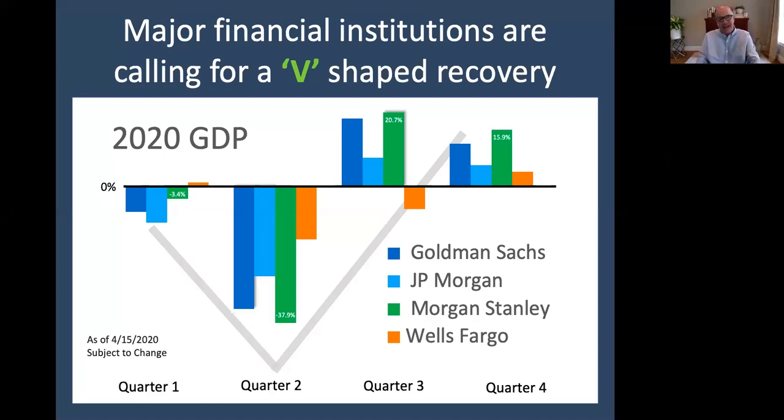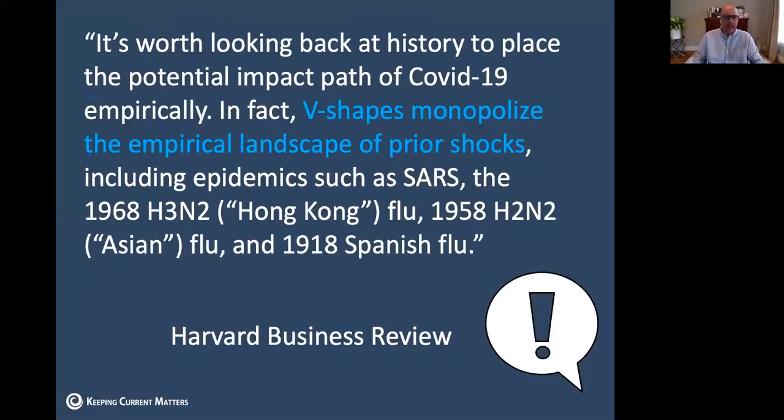So let's look at a couple of places that we have followed to give kind of a little bit of context to this V-shaped recovery. In the first slide I want to hop in here is the Harvard Business Review. It says here, it's worth looking back at history to place the potential impact path of COVID-19 empirically. In fact, V-shapes monopolize the empirical landscape of prior shocks, including epidemics such as SARS, the H3N2 and H2N2 flu and Spanish flu. Okay, so what are they saying here?